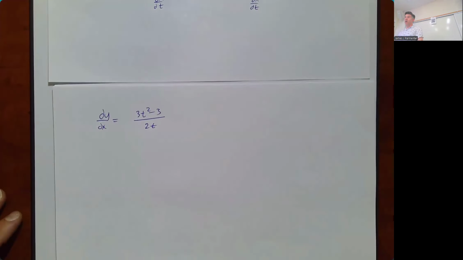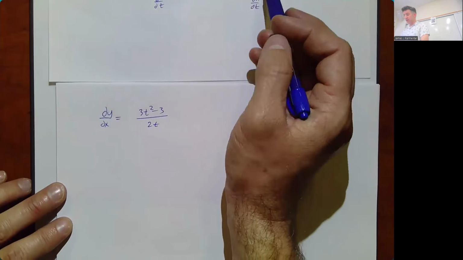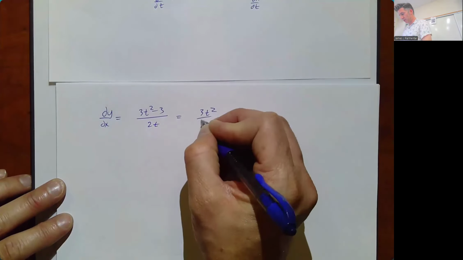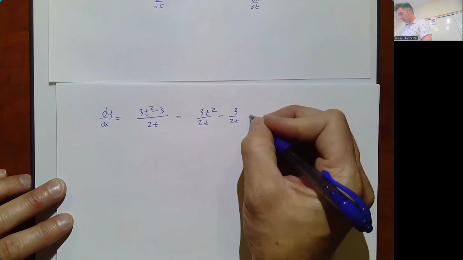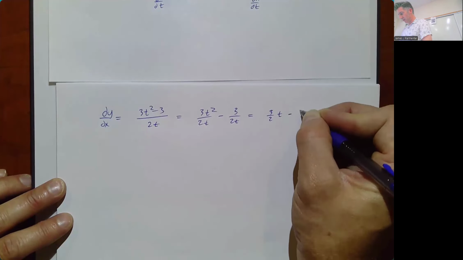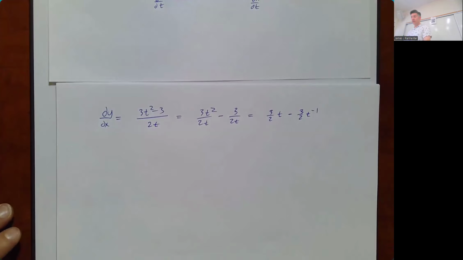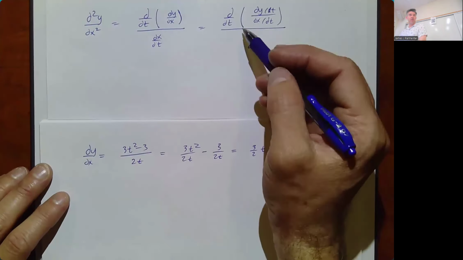And I would rather not use the quotient rule if I can help it, because I'm going to have to take the derivative of this. So let's write this as 3t squared over 2t minus 3 over 2t, which we could simplify as 3/2 t minus 3/2 t to the negative 1. That's going to make it a little bit easier to find the derivative for the top part here.